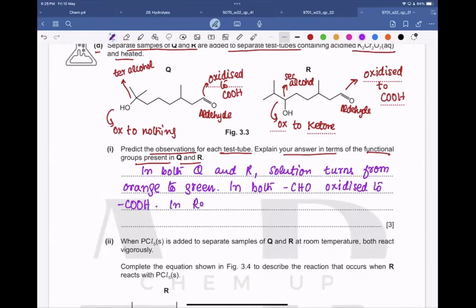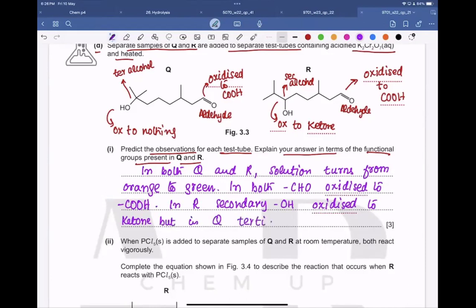In R, secondary alcohol is oxidized to ketone, but in Q, it was a tertiary alcohol, which does not oxidize.